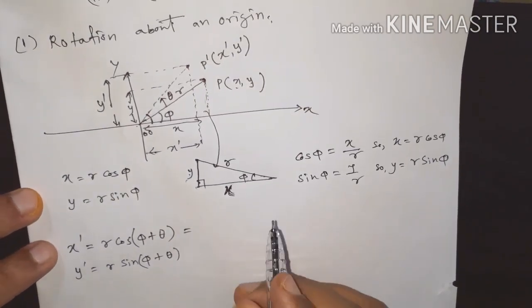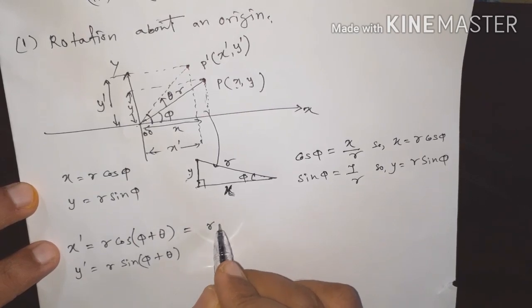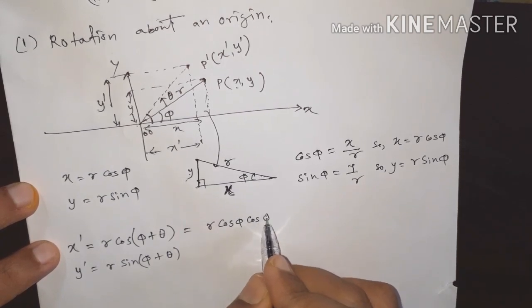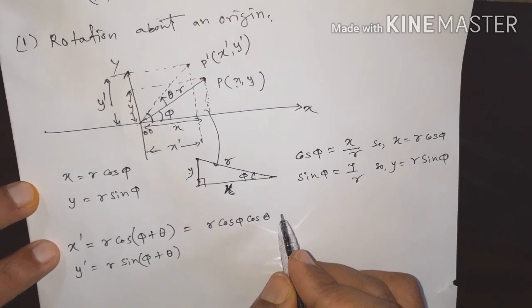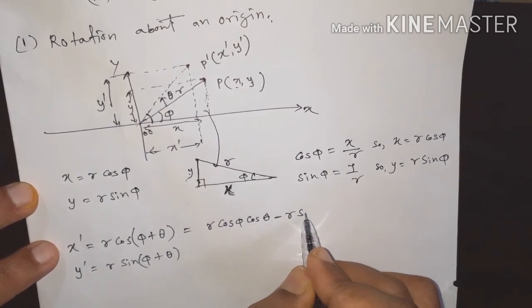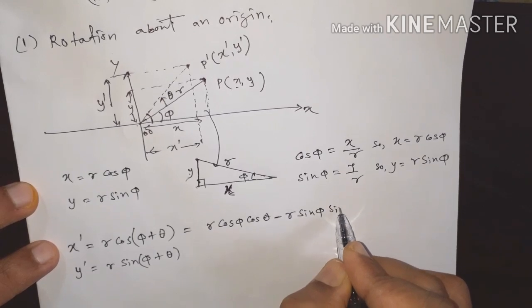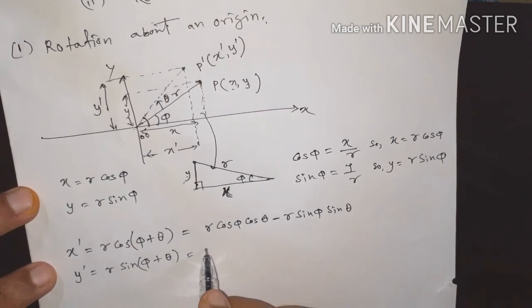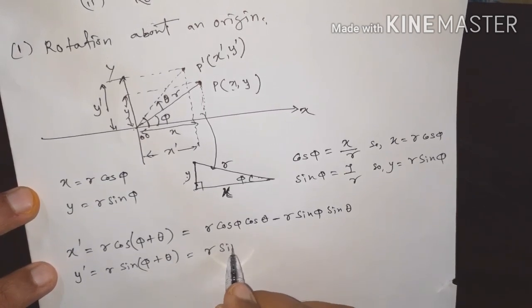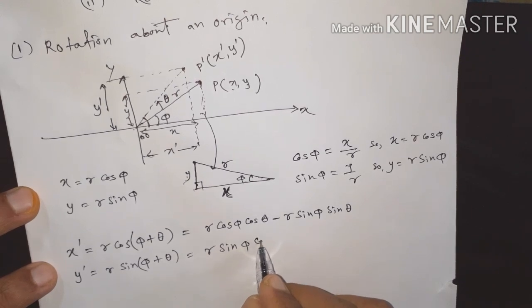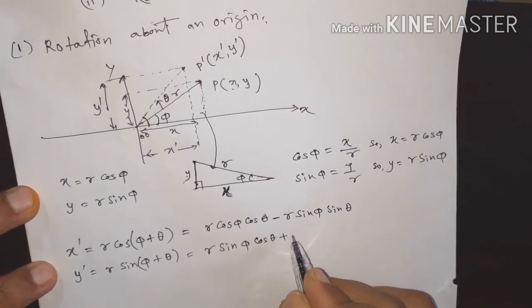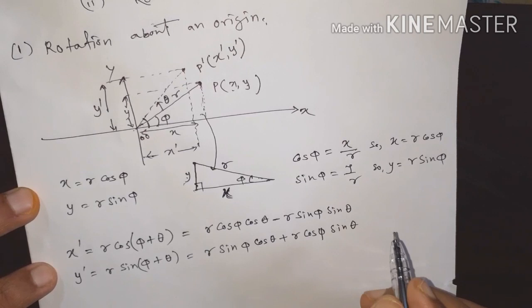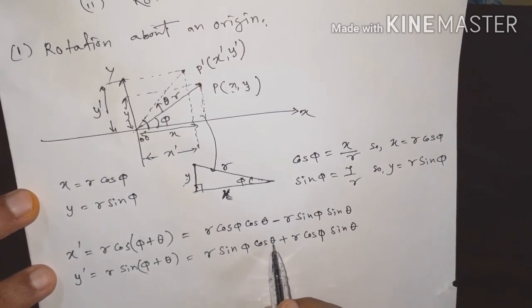Expanding these: r cos A cos B minus r sin A sin B, and similarly r sin A cos B plus r cos A sin B, where A means phi and B means theta.